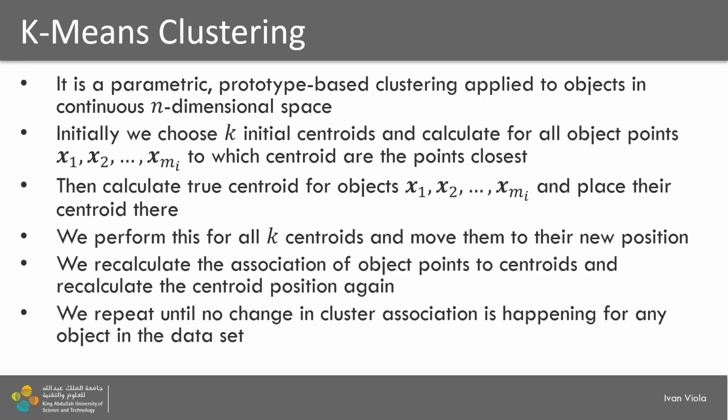We can place them initially maybe randomly in the space where other data points are, and then calculate for all object points in the data set to which centroid these points belong. And then we can associate these points with that centroid because they are closest to it.